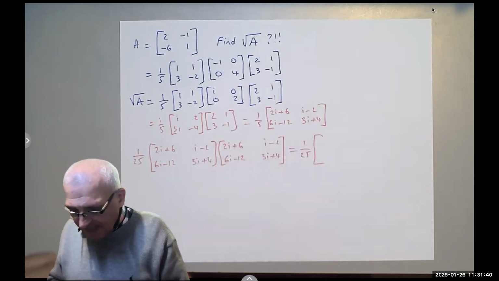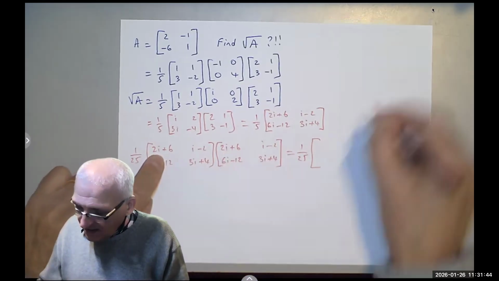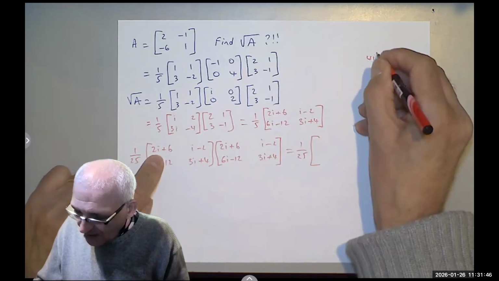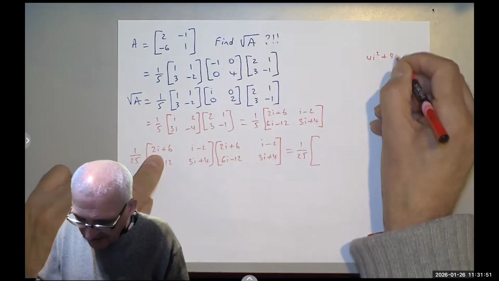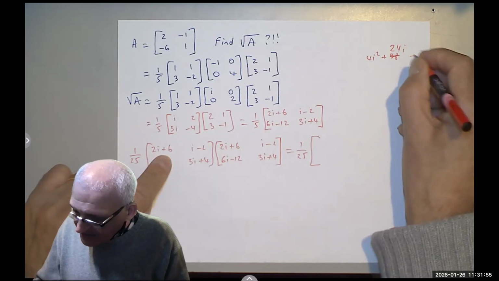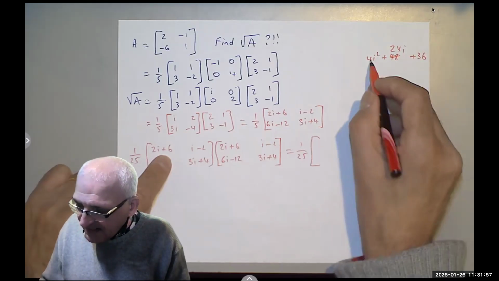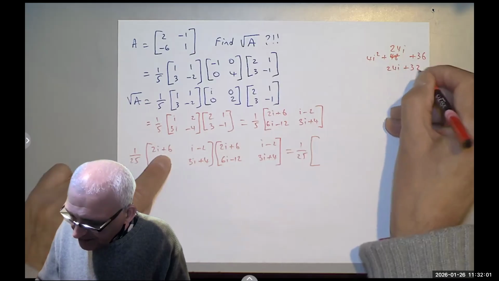So to get the first element, I'm going to multiply these two. So 2i plus 6 squared. That's 4i squared plus 48. I'm sorry, 24i plus 36. Notice i squared is -1. So this is 24i plus 32. Okay?